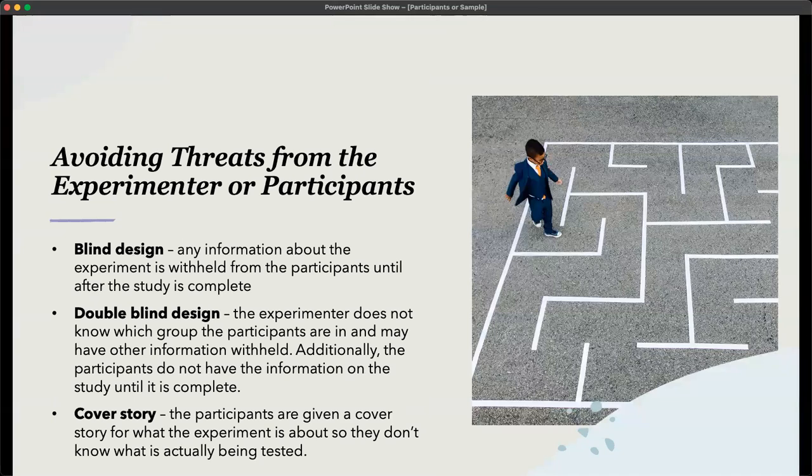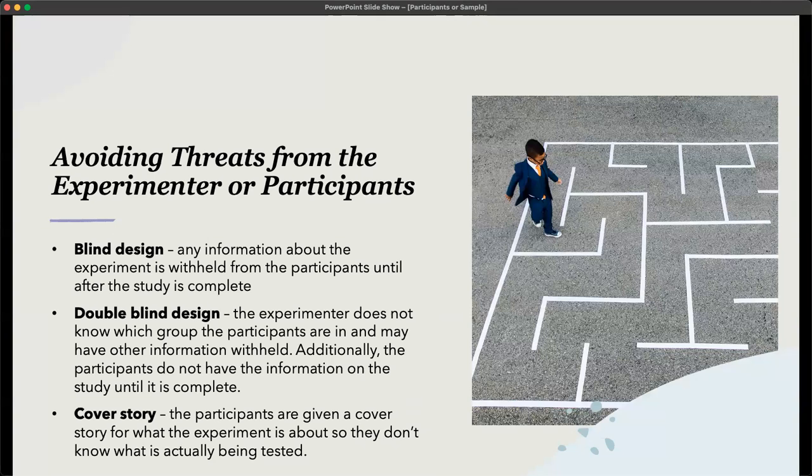So how can we avoid these threats from the experimenter or the participants? The first is a blind design. Any information about the study can be withheld from the participants until after the study is complete, and then you would give them the information sheet. Now, if you have more than one researcher, you could do a double-blind design where the person collecting the data has no idea which group the participants are in.